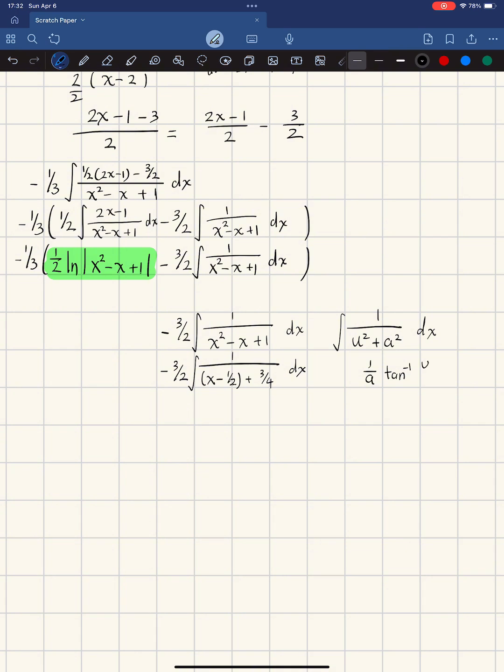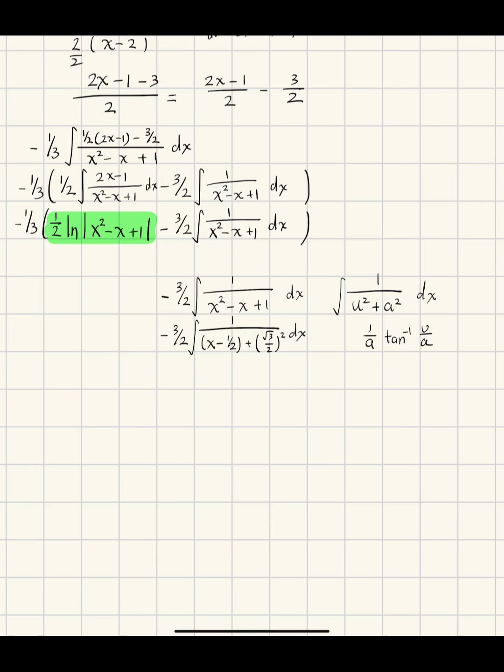So in order to make our integral look similar to that, we have to quote unquote take out a square from 3 over 4, which is going to become root 3 over 2 squared. And I forgot my square in my denominator.